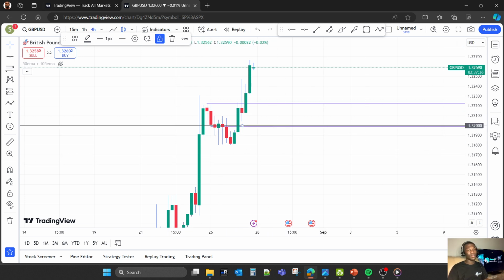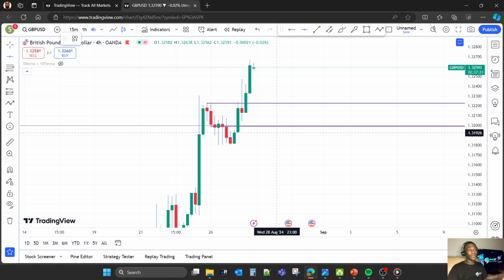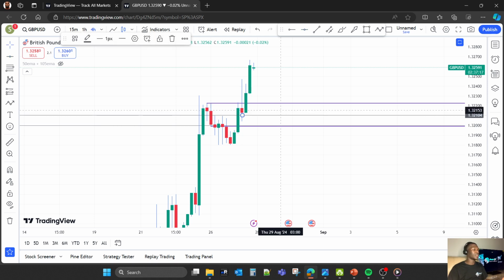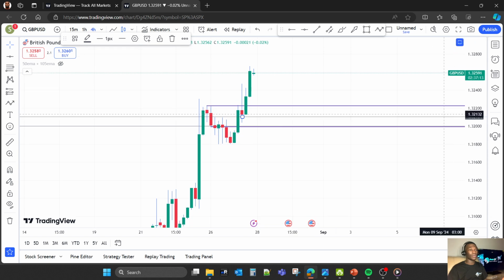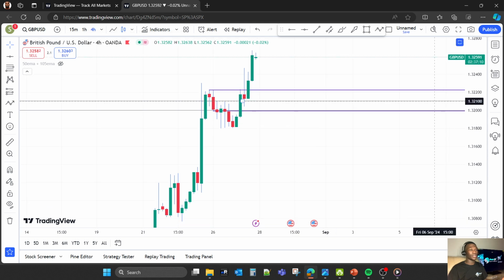So for the next cycle level, what's the number after 20, which is 25? We're talking about whole numbers, so you just put another 5 whenever you get another whole number. So there's 1.32500, which is somewhere above, if I'm not mistaken.